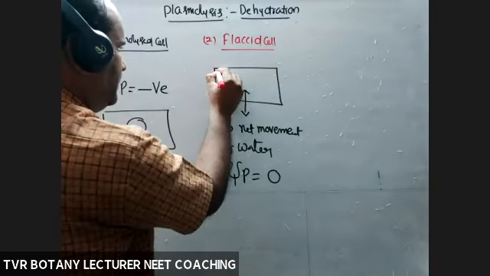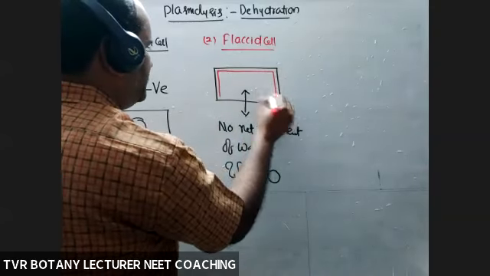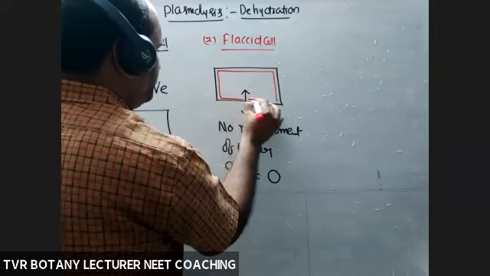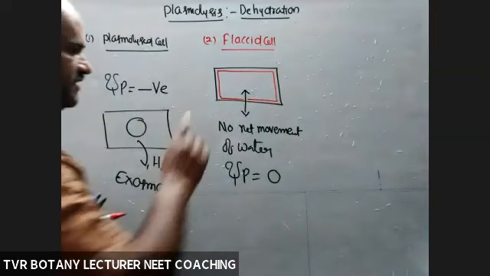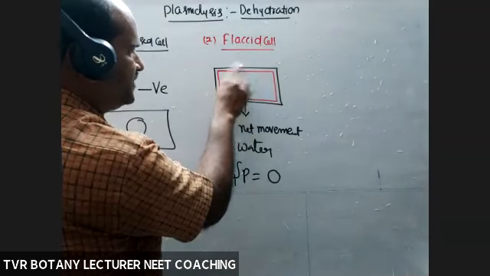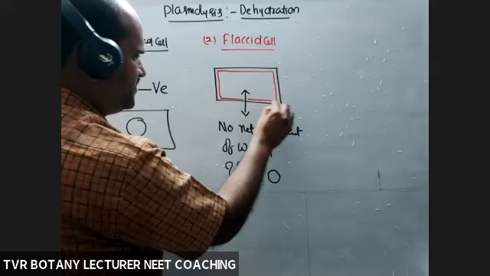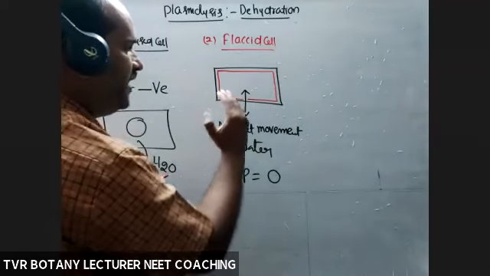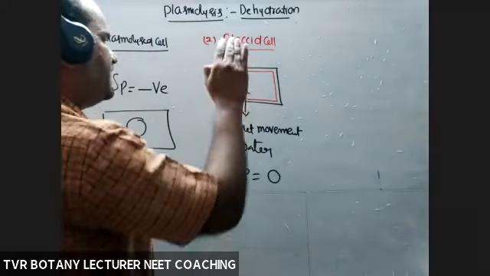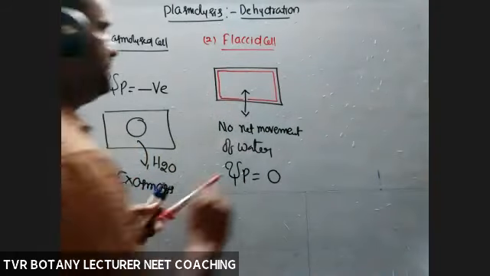Because of that, the membrane is slightly separated from the cell wall. What is turgor pressure? Pressure exerted by the cell membrane on the cell wall. If only a narrow gap is present between cell wall and cell membrane, there will be no pressure exerted on the cell wall. So that's why take 0 only.